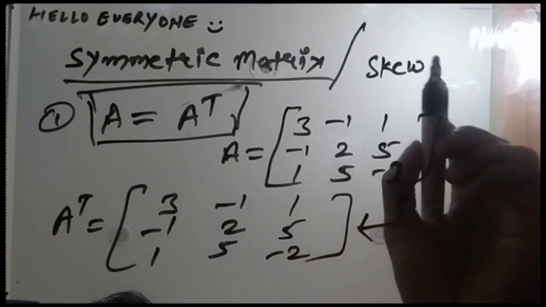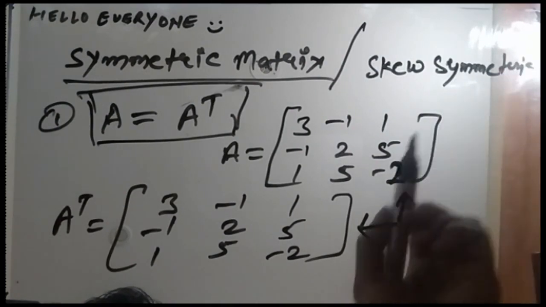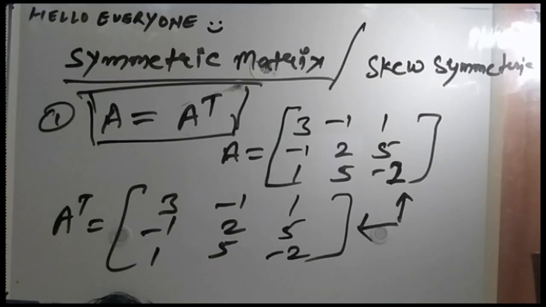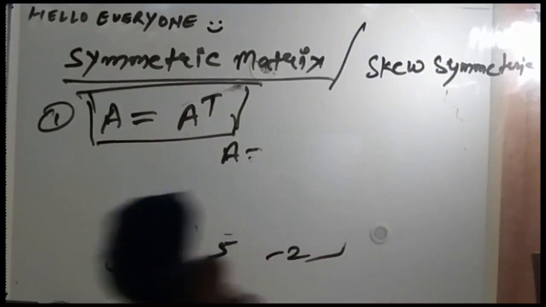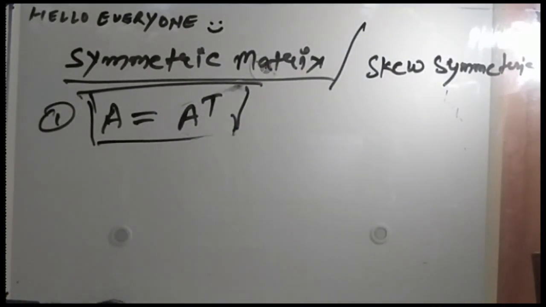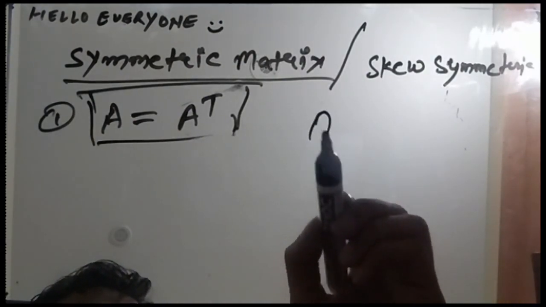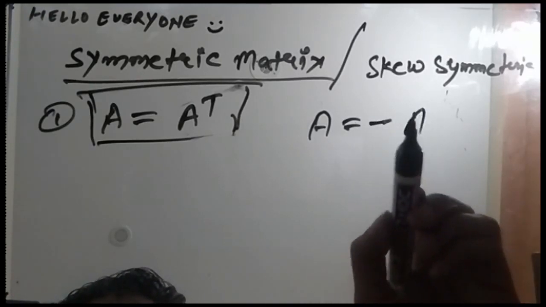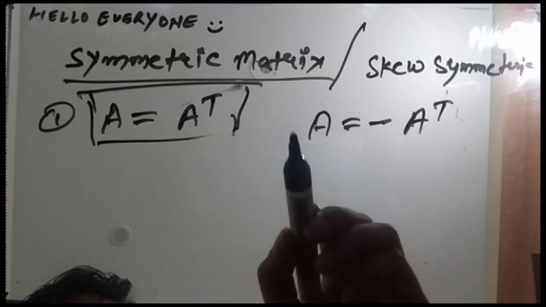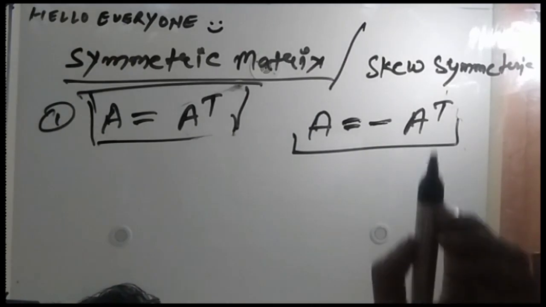Skew-symmetric. In a skew-symmetric matrix, our matrix A equals the negative of A transpose. Then we will call it a skew-symmetric matrix.